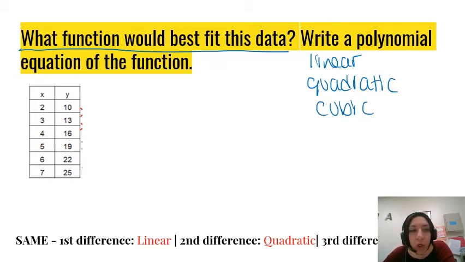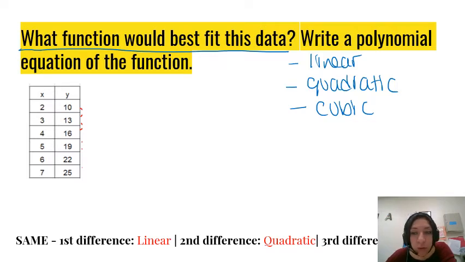So how do we know which function this data set correlates with just by looking at the data points? If we were to graph this as a scatter plot, then we could visually see that, just like we did in the first few slides.